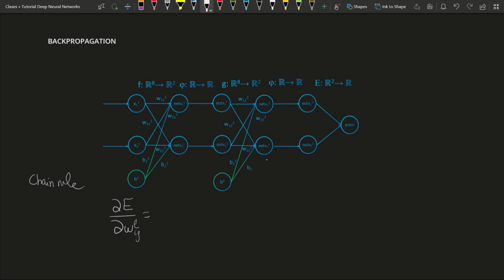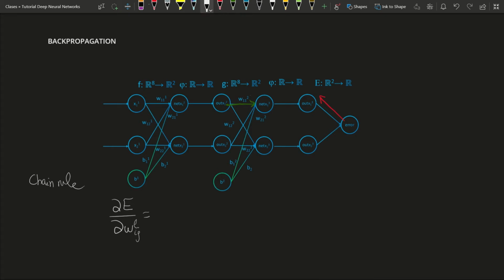So the first thing in the chain rule is, for example, to calculate this value this way. To calculate it, we will first need the derivative of the error with respect to the out value of this neuron.